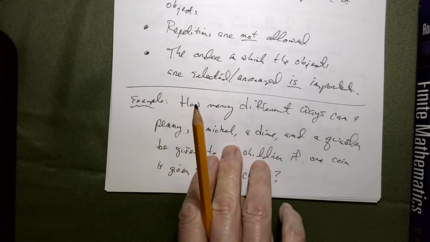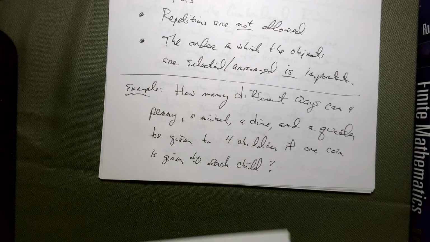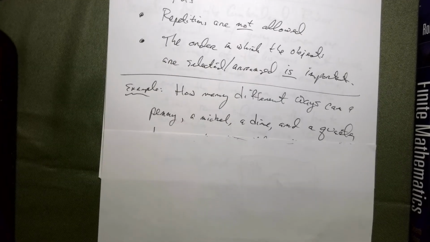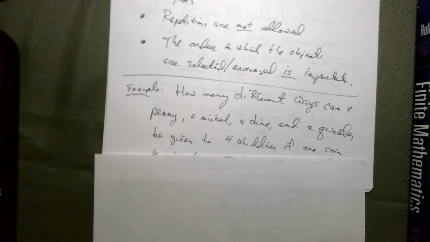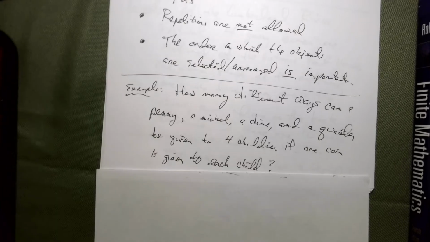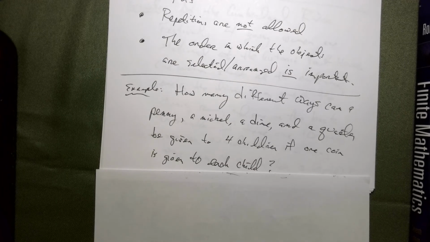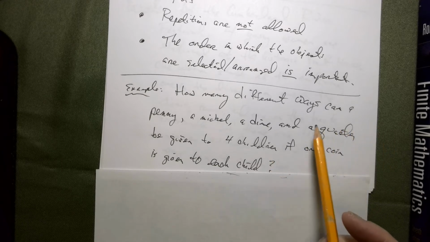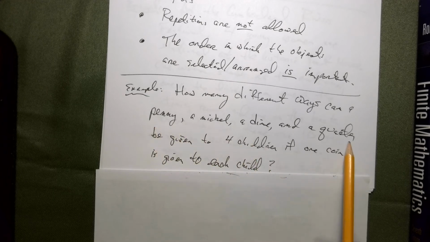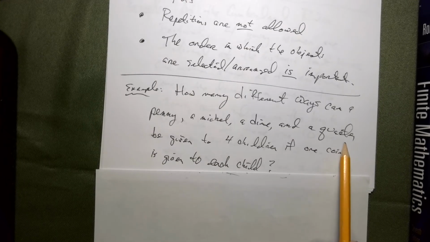Let's take another example. How many different ways can a penny, a nickel, a dime, and a quarter be given to 4 children if one is given to each child? Now, is order important? Notice there's a distinction of the objects, right?